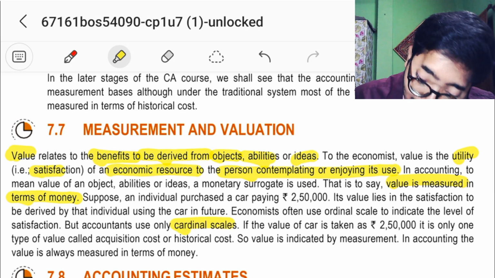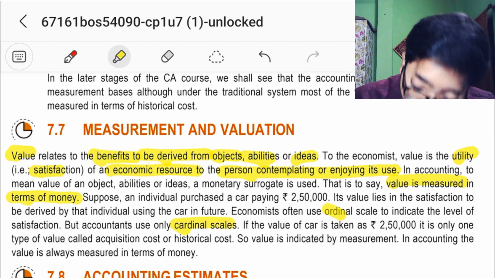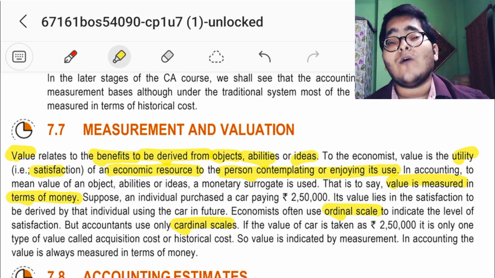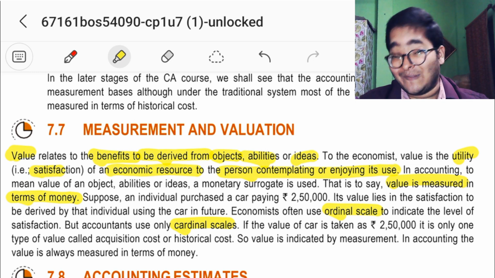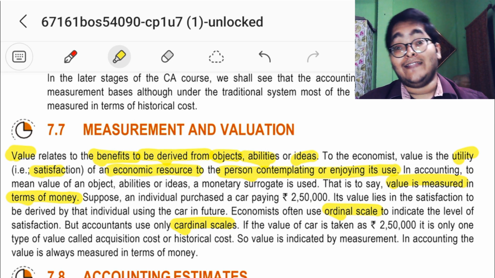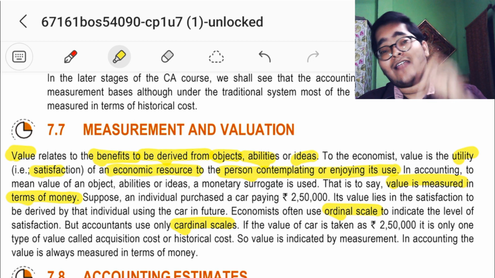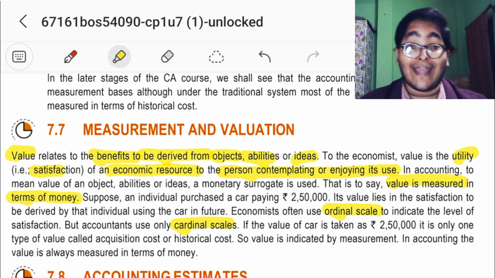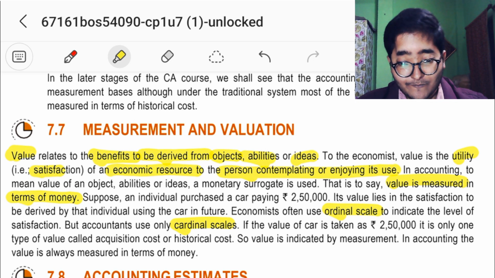What is ordinal and cardinal scale, or ordinal or cardinal numbers, you are going to explain to me in the comment section. Why? Because this topic is explained in detail in the part 1 video of this chapter itself. So click on the I button and check out the video and explain to me what is ordinal approach and cardinal approach.